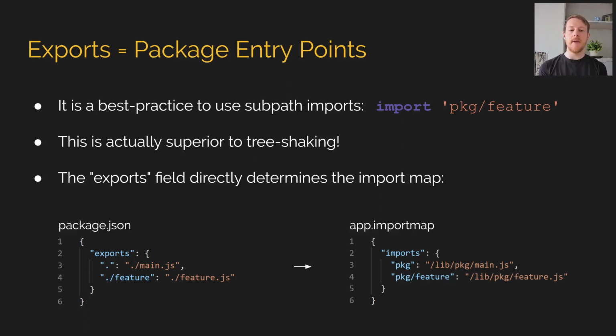So if you're doing this sort of thing, what that means is each of those individual exports directly determines the import map. So here is our package.json. When we generate an import map for consuming this package, say it's called package, you would generate an import map that references the main by the package name, and then package/feature references the individual feature module.